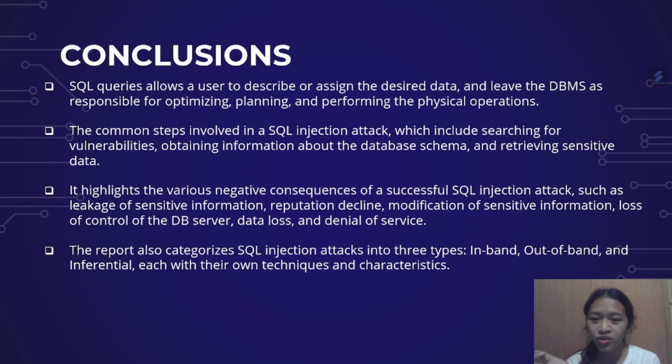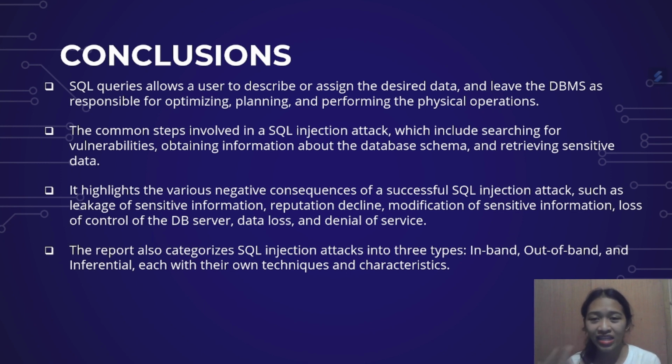Then we have the common steps as discussed. The common steps involved in an SQL injection attack include searching for vulnerabilities, obtaining information about the database schema, and retrieving the sensitive data.